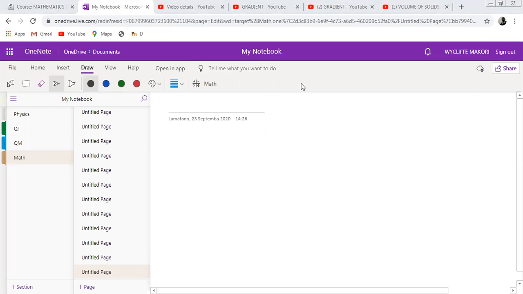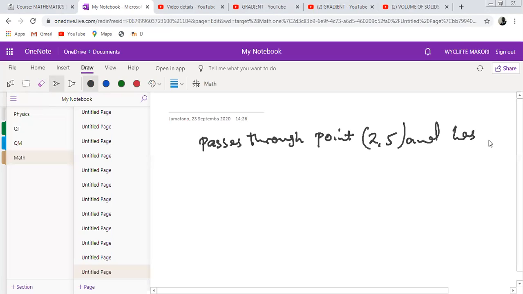You are given this, that the line passes through point 2, 5 and has a gradient of 4.